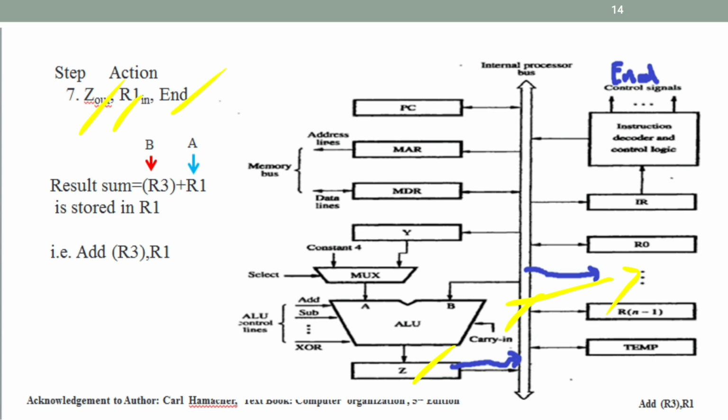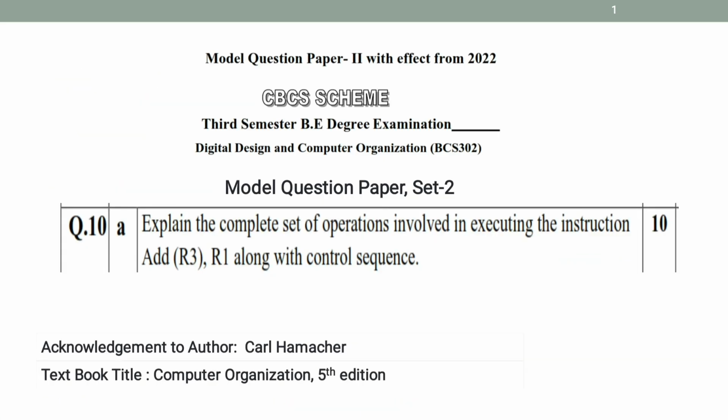And the End signal is the end of execution of the instruction add (R3), R1. So that is the end of the discussion regarding how the add (R3), R1 instruction is executed. Okay. So this is where we started answering the question.